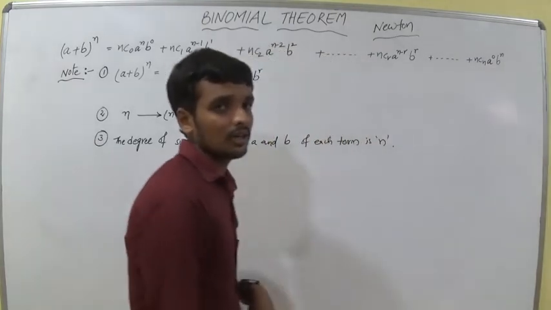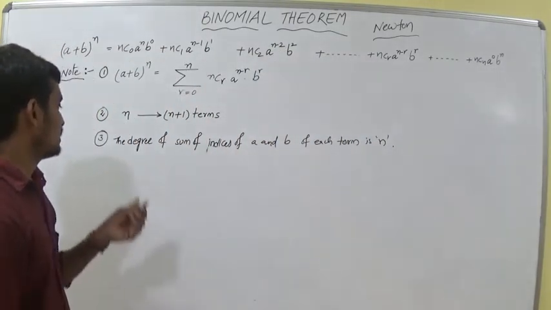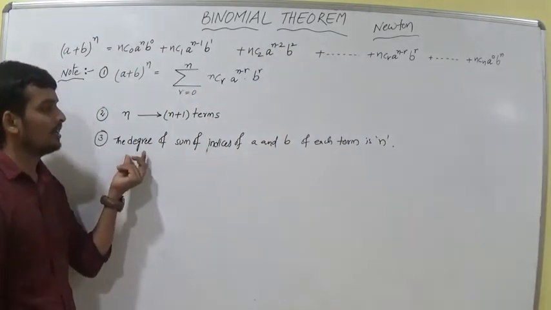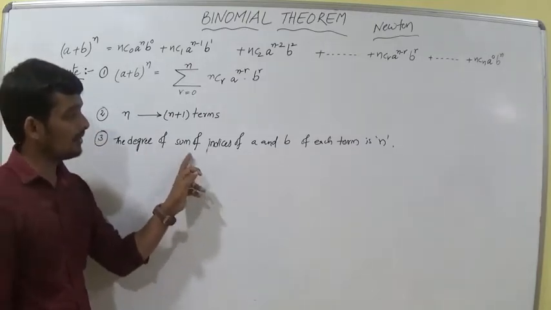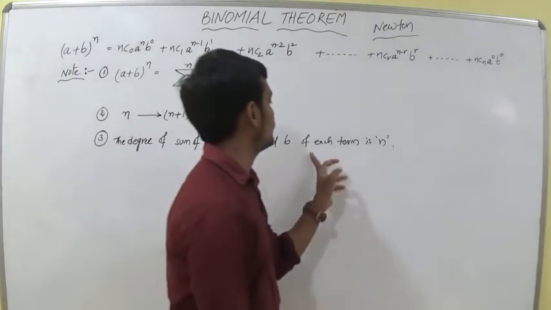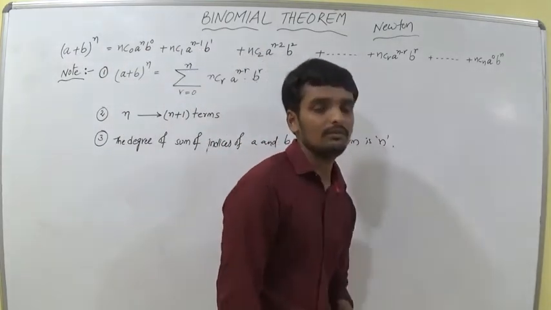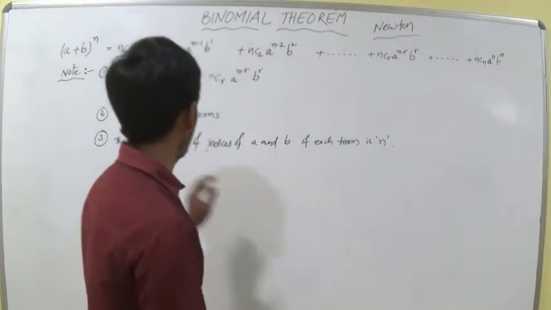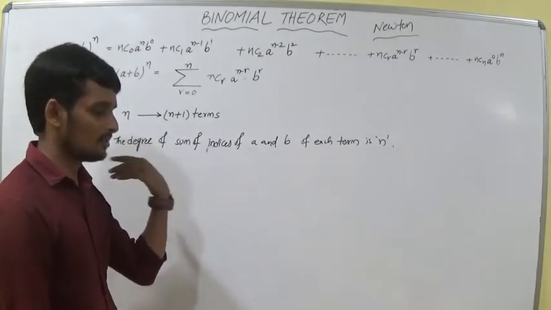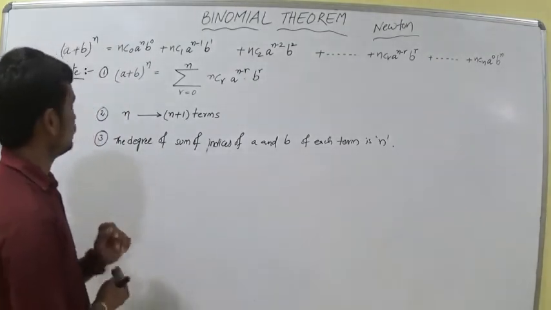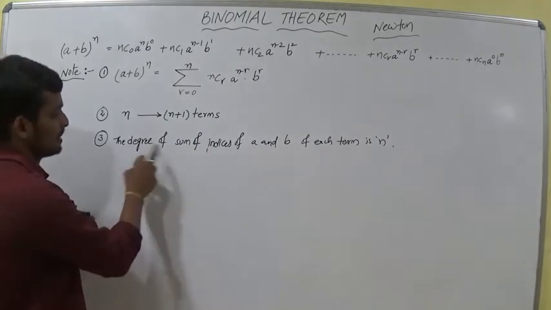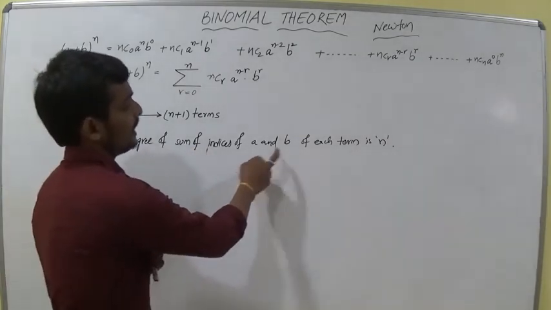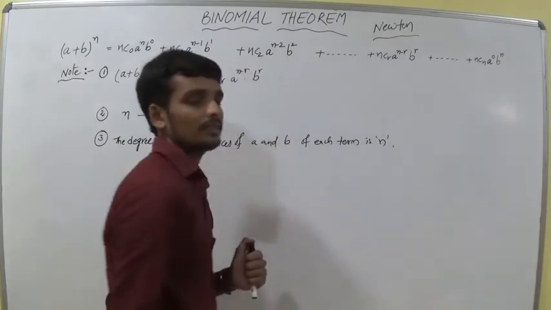This is the third important point: the sum of the indices of a and b of each term is n.